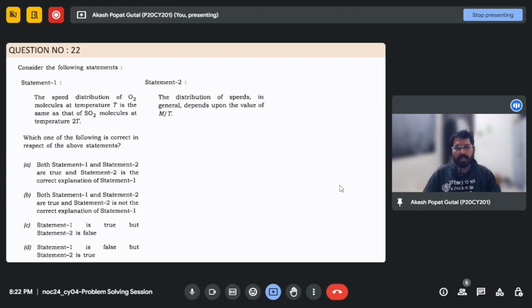So, as I told earlier, the factors that affect the distribution are the pre-exponential factor and the exponential factor.